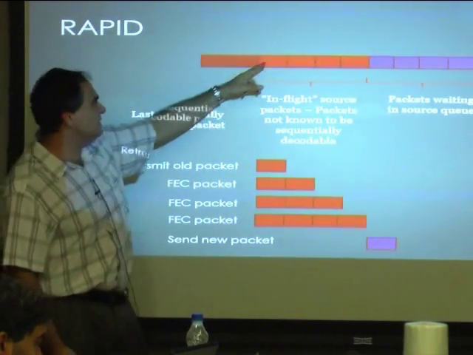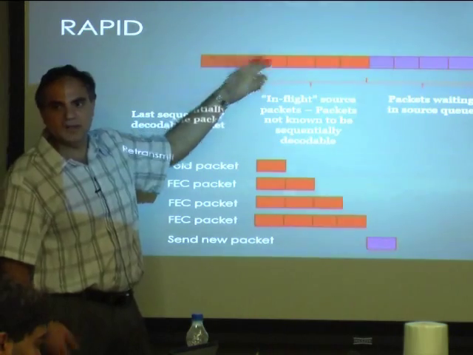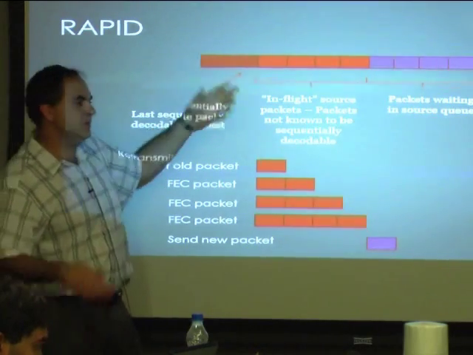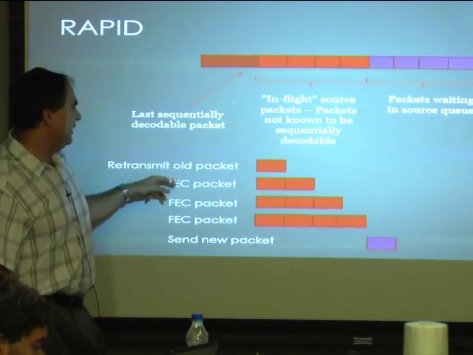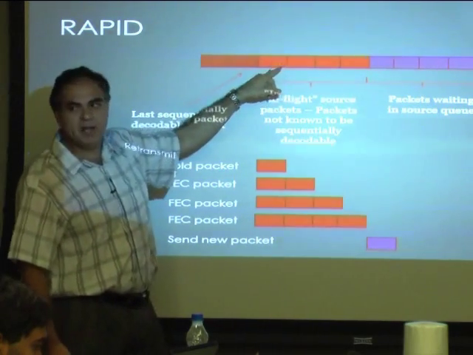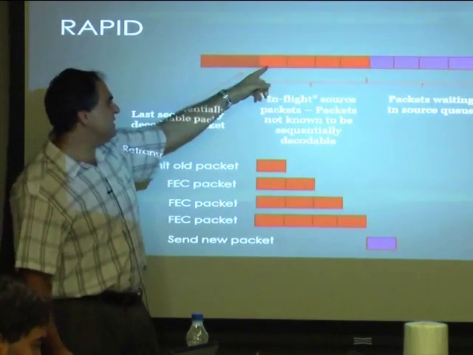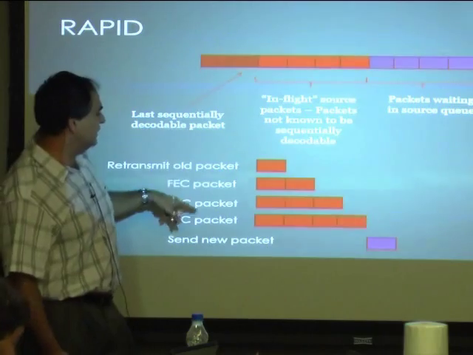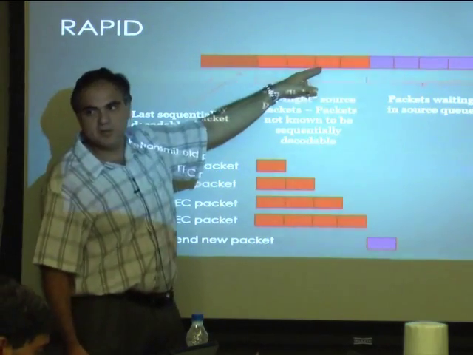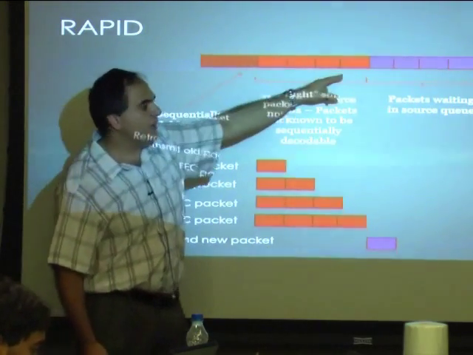So if you think about what kind of choices you have, first thing you can do is you can just retransmit this packet, because that's a valid thing to do. You can just say, okay, maybe this packet has been lost, I'll retransmit it. The other thing you can do is send an FEC packet, which encompasses the first and the second packet. The third thing you can do is take the first 3 packets, or the first 4 packets.